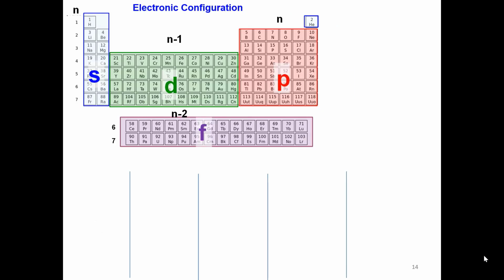Now we are going to learn how we can write the complete electronic configuration using the periodic table. Let's start with hydrogen. We know hydrogen has 1 electron.